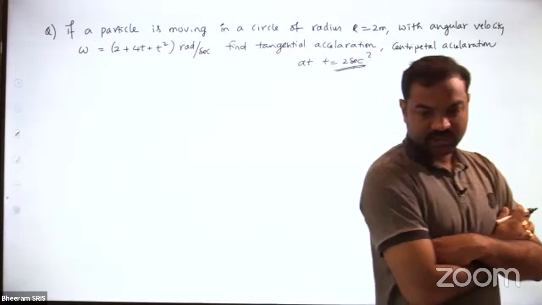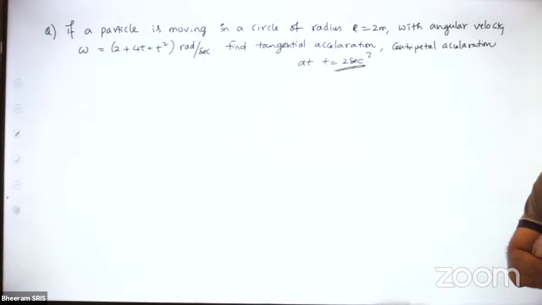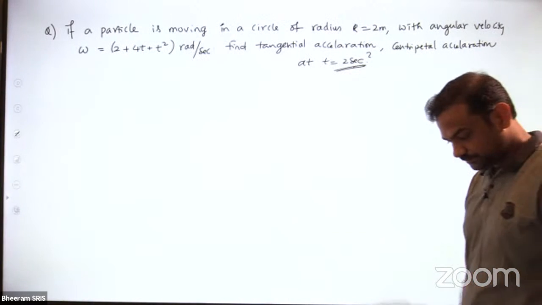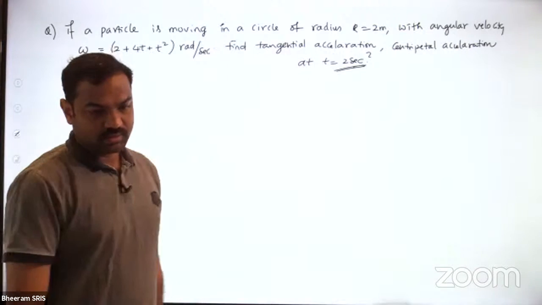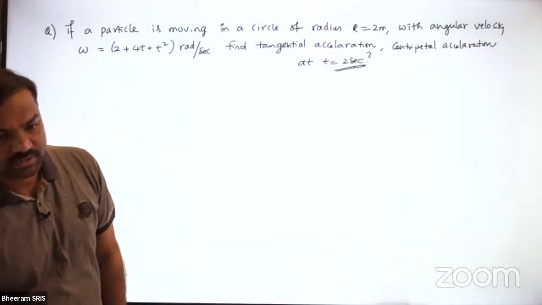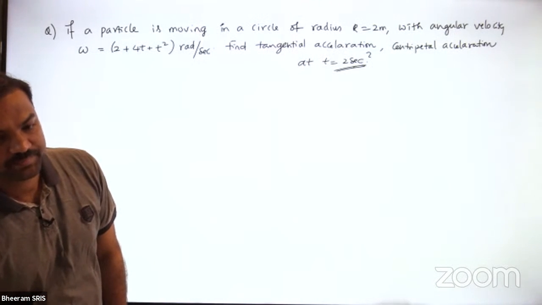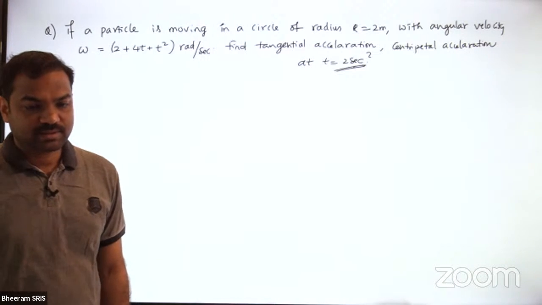A is equal to 16, alpha is equal to 8. Okay. Saicharan got 4 and 8. Saiteja got alpha 8. What about angular velocity?